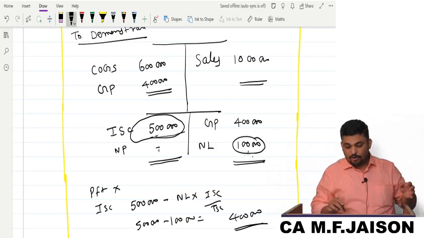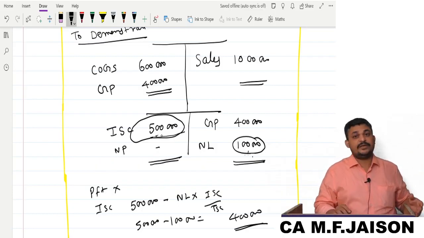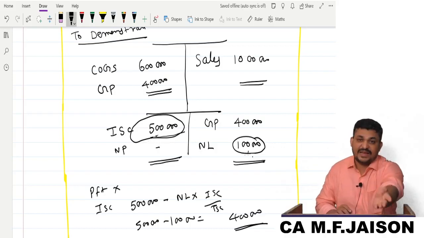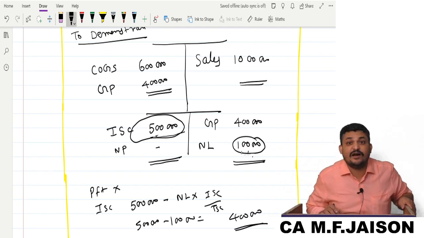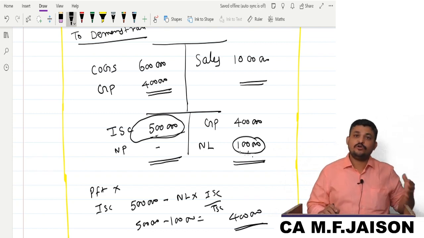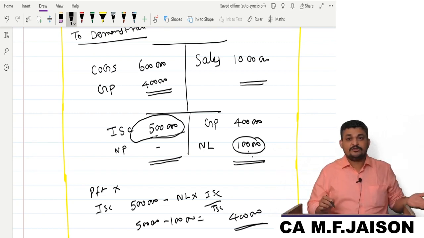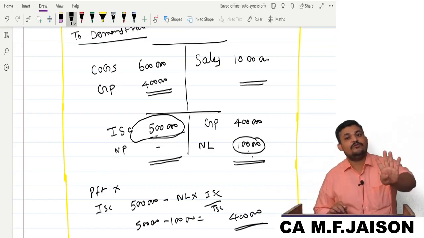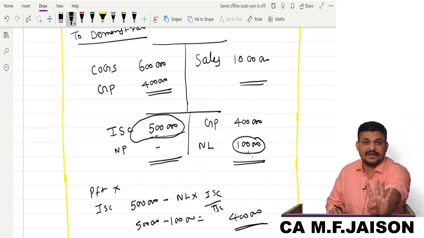But because of fire there is no business, so you expect the insurance company to compensate you. But even if there was no fire, you would have had a deficit of 1 lakh, which you have to bear, and it is not lost because of the fire accident. So you are losing only how much? 4 lakhs is what you should understand.